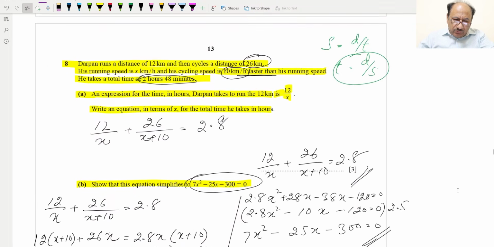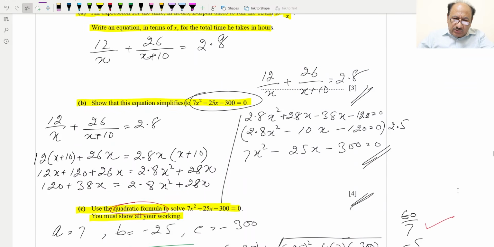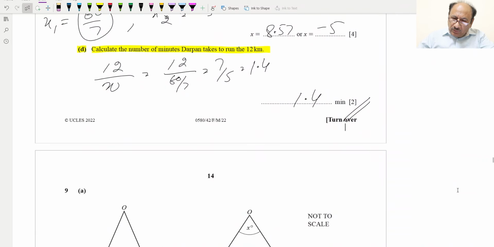Basically the answer required is in minutes, and we are using hours, so we'll have to convert 1.4 into minutes.